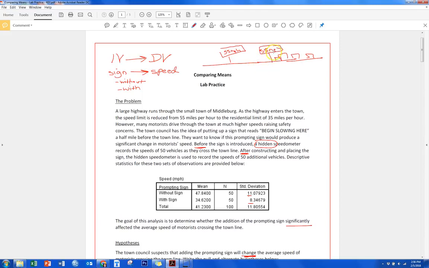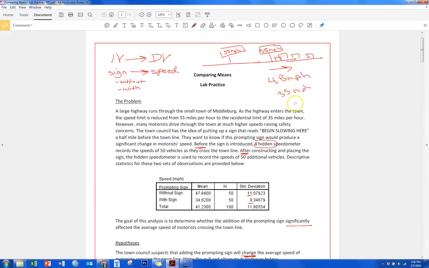So here's how fast they're supposed to be going. We're measuring their speed right around here. They're supposed to drop speed from here to here. So let's see what happened. Before they put the sign up, people were cruising through town at an average of about 48 miles per hour. But after they put the sign up, their speed dropped to about 35 miles per hour.